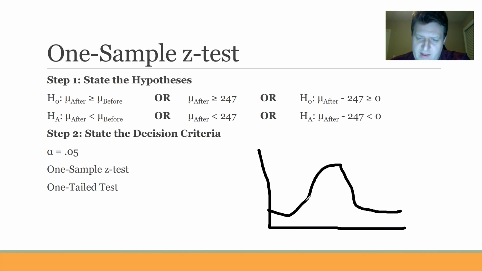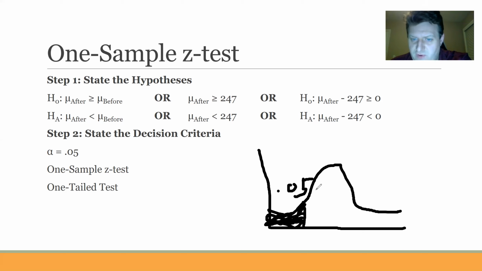So we need to find a cutoff value for our standard normal distribution. And for that cutoff value, the percentage of subjects here should be 0.05. We're putting all of this 0.05 on one side of the distribution, because we're not just testing if there's a difference.